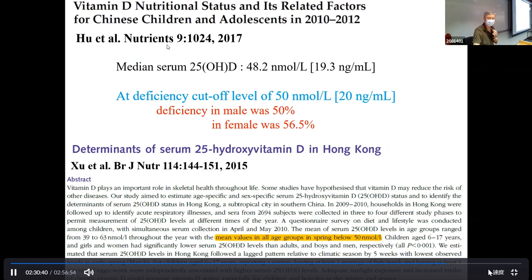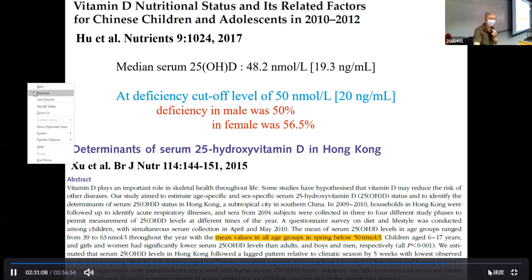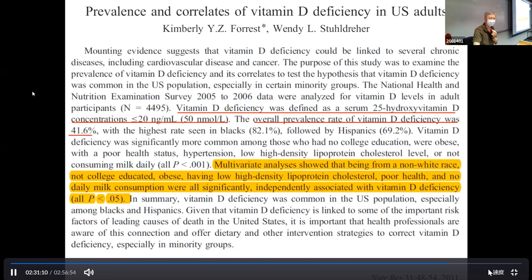This is a study in Chinese children, okay, 5 years ago. Median 25-hydroxy-D, 19. Remember, 20 is the cutoff. So the median is lower than the cutoff. With a deficiency cutoff of 50, the male and female have somewhere around 50%. So this is consistent with the US one, which is 42.